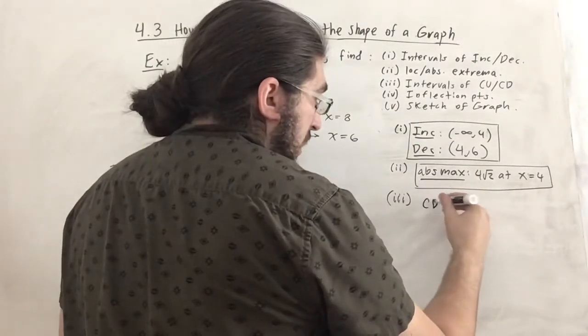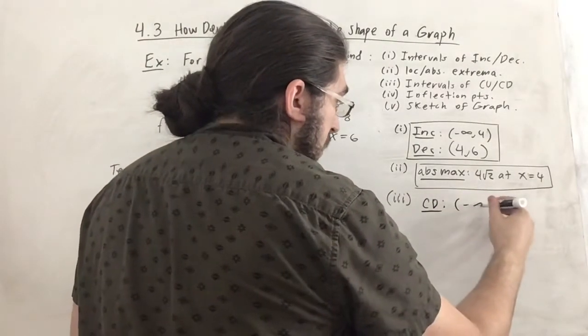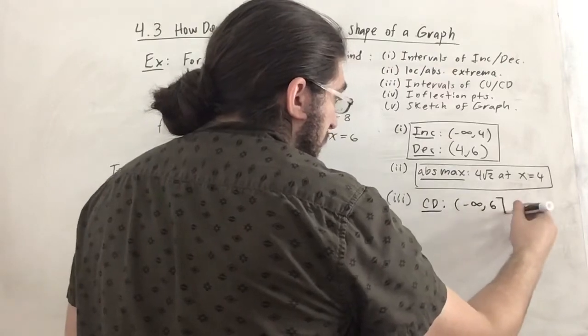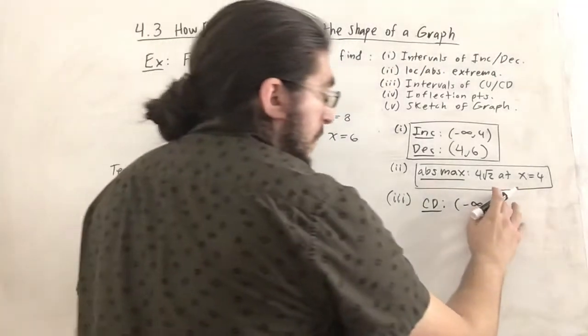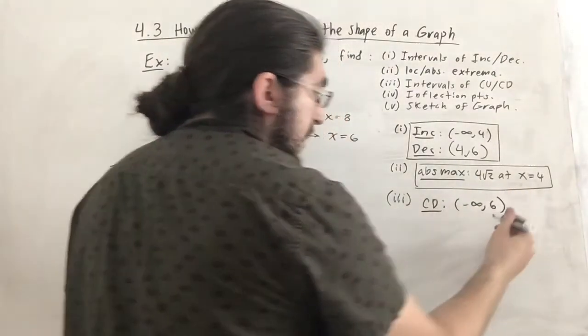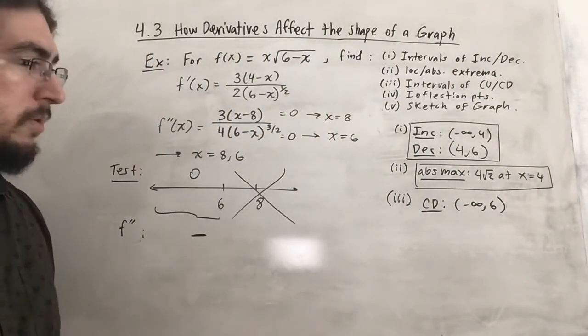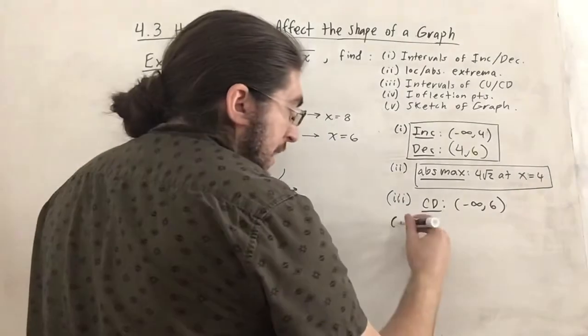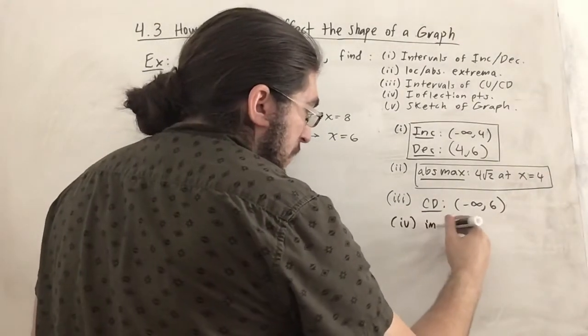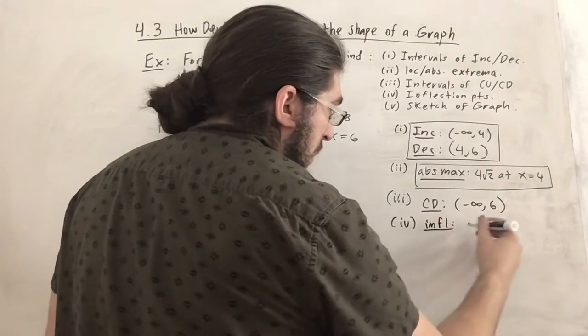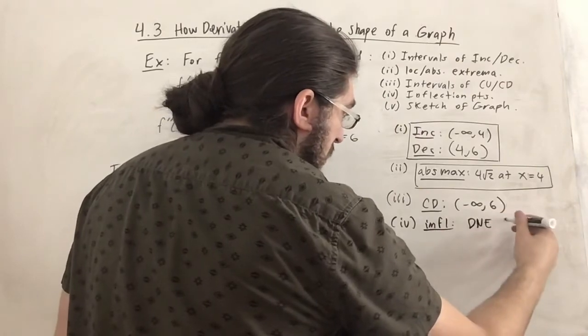So it's actually concave down in the entire domain of f, which is negative infinity to 6. Intervals of concavity, just like intervals of increase-decrease, are always open. So that's okay. And inflection points, unfortunately, they do not exist. There aren't any.